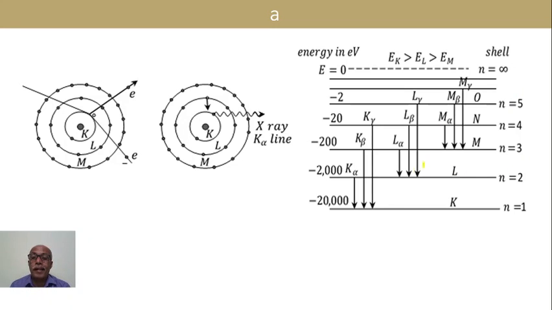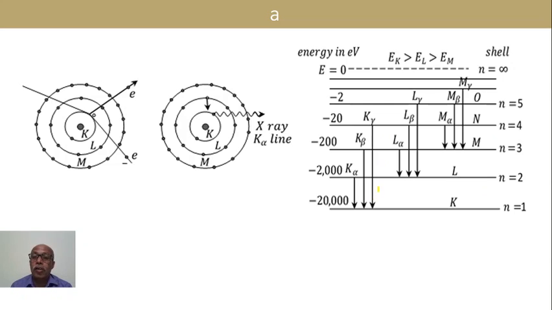When an electron makes a transition from the higher orbits to the K shell, we get K X-rays: K alpha, K beta, K gamma, etc. When an electron makes a transition from L to K, we get K alpha. When it makes a transition from M to K, we get K beta. When it makes a transition from N to K, we get K gamma.